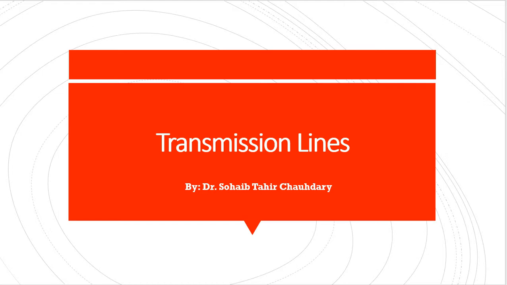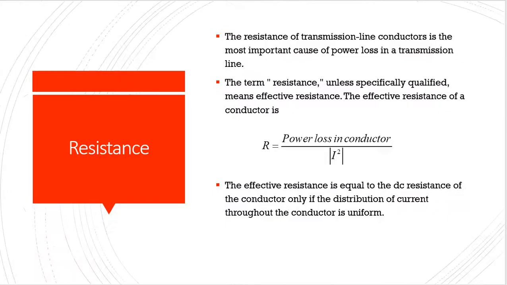Okay, so considering the effect of resistance, we can say that the resistance across a transmission line conductor is the most important cause of power loss in a transmission line, right? The term resistance, unless specifically qualified, means effective resistance.